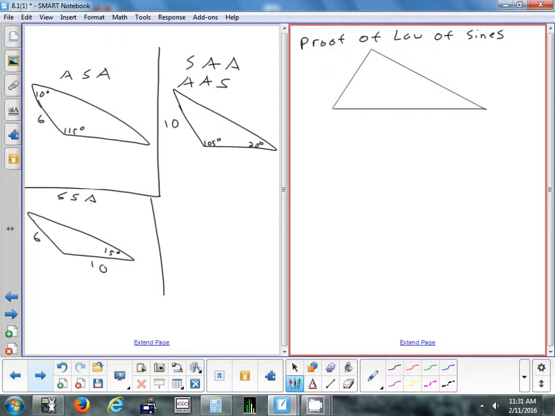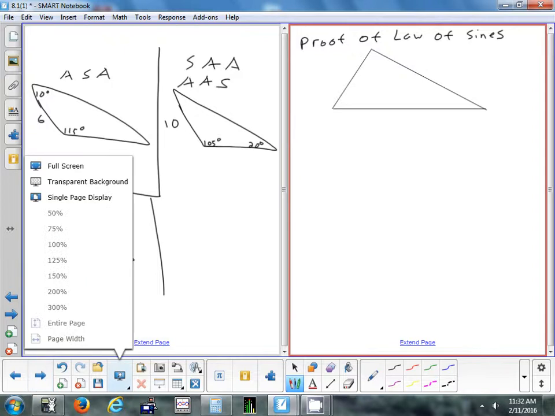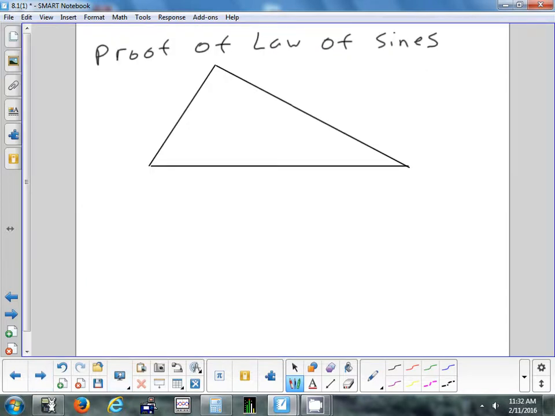I'm not going to go through the entire proof. I'm going to go through the first two parts, and from there you can see the third part is the same thing, just repeated. But start with a triangle. Let's label this side A, label this angle alpha.